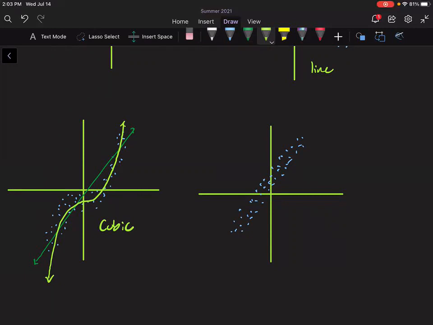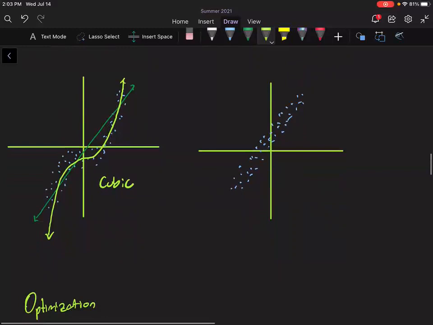This field of study is known as overfitting. You don't necessarily want a curve that fits your data too well. And let's give a reason for this too.